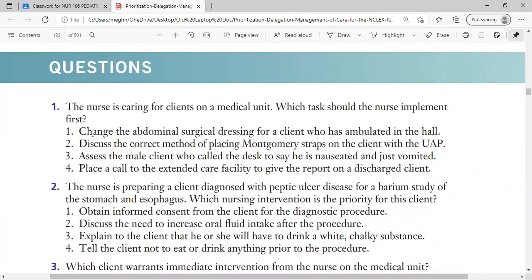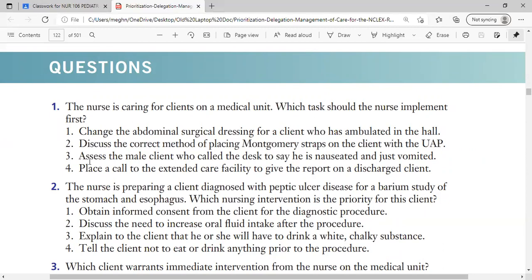Number one, change the abdominal surgical dressing for a client who has ambulated in the hall. Number two, discuss the correct method of placing Montgomery straps on the client with the UAP.